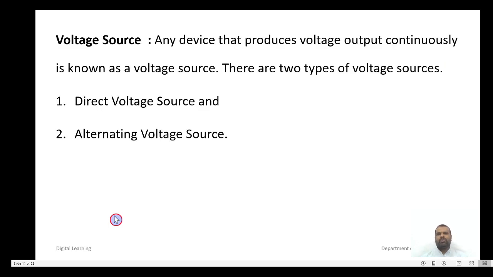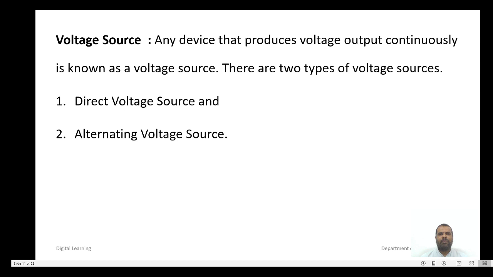Now, voltage source. A device that produces voltage output continuously is known as a voltage source. It means that the device which gives a continuous voltage at the output is called a voltage source.